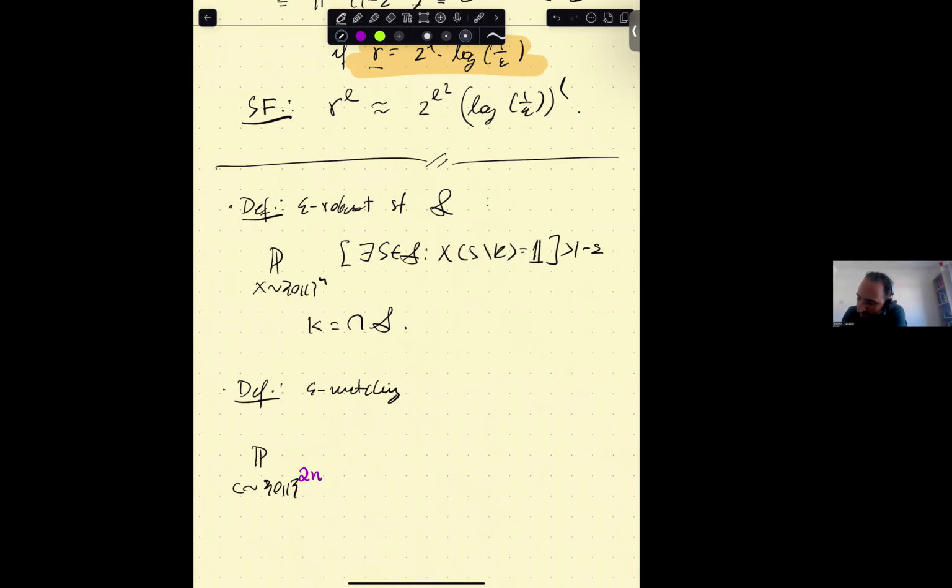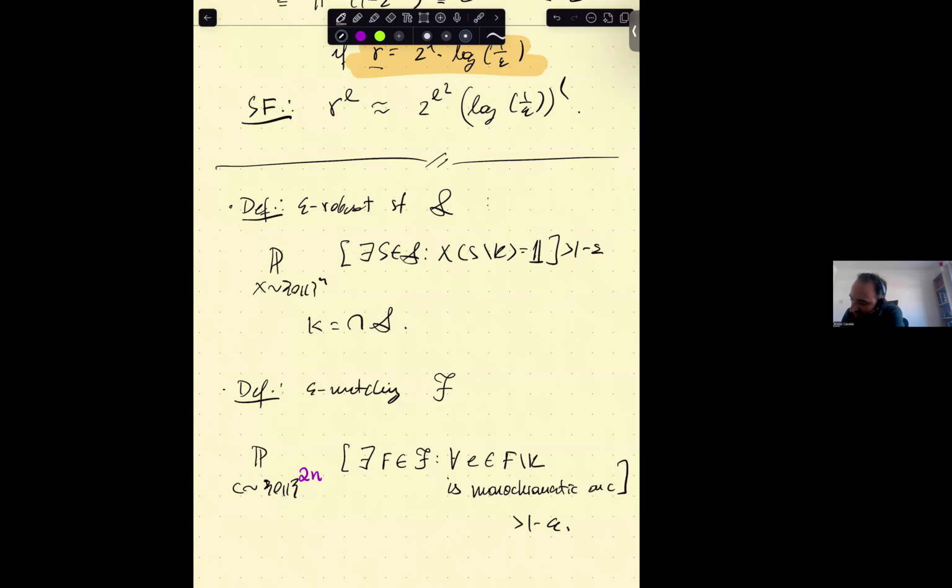And there exists, for family F, a matching such that every edge in the matching is monochromatic. Okay.